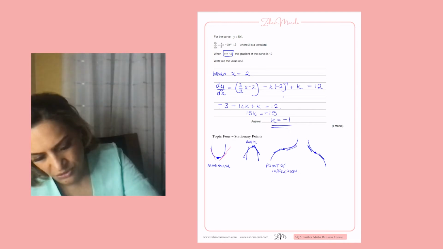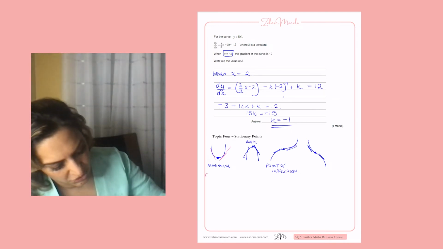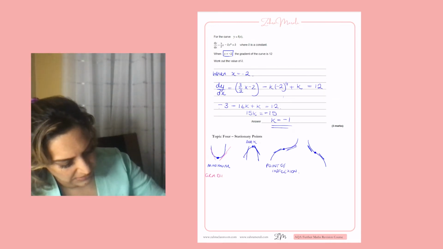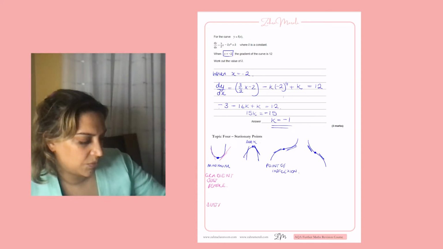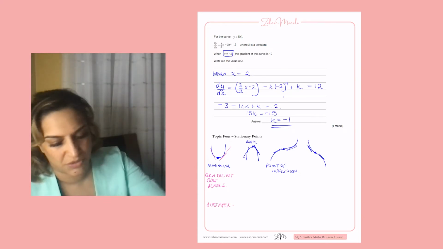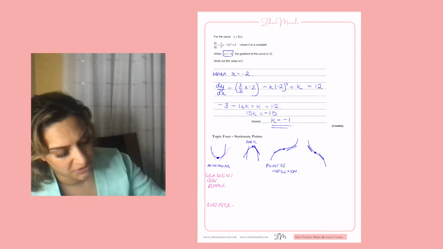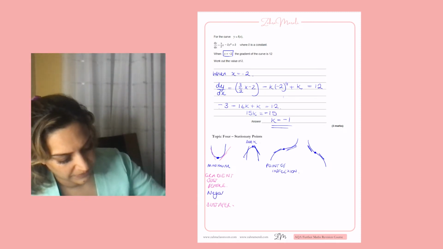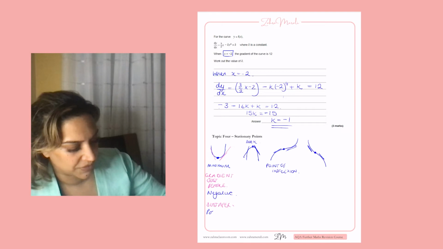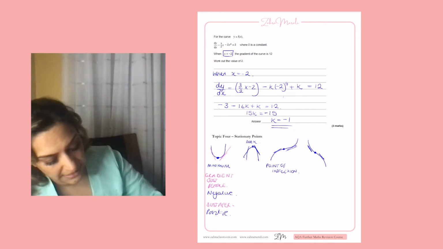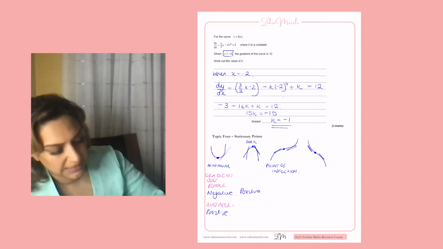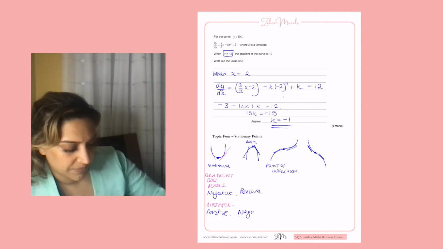So maybe what we do is write here: gradient just before and then just after will be different. In this first example, just before it's negative and just after is positive, so we see a change in gradient. In this one here, it's positive and then it's negative.